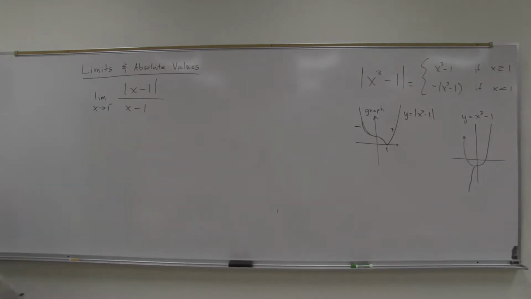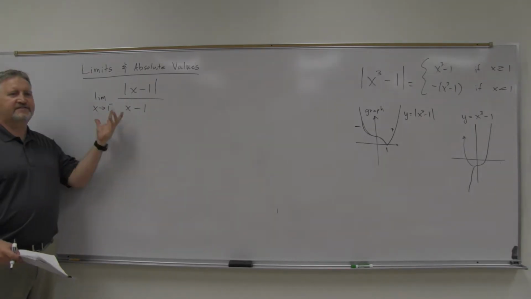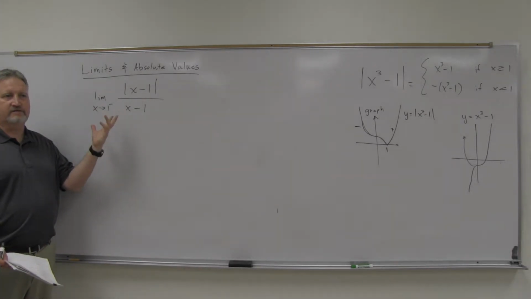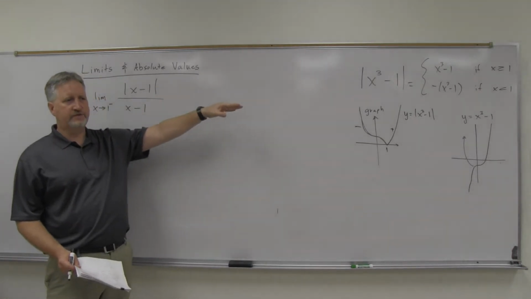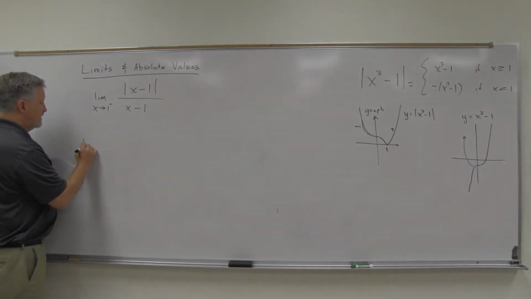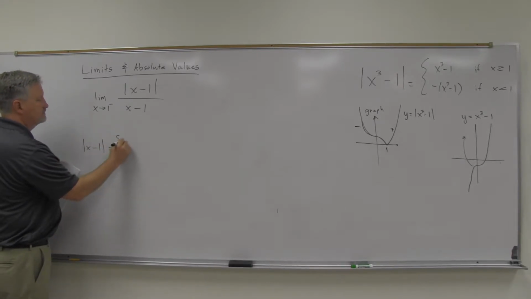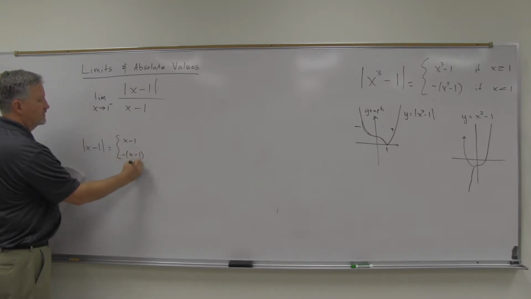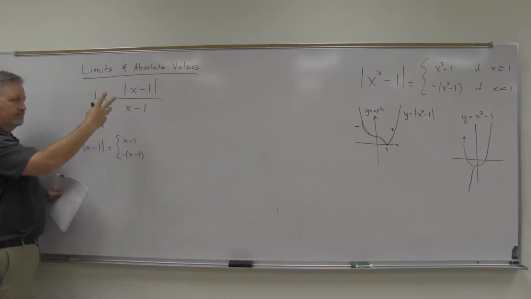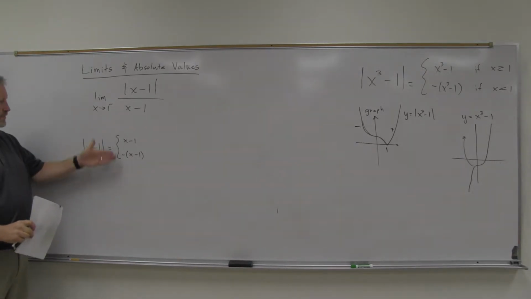How we evaluate that is, let's try to get rid of the absolute value bars, just like we were talking about. For the absolute value of x minus 1, I can either go with the x minus 1 or the minus of x minus 1. And so the decision is, which one do I use here?